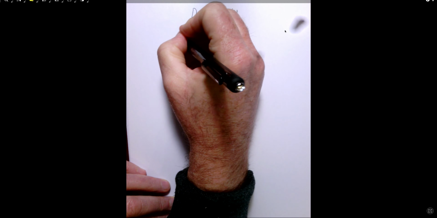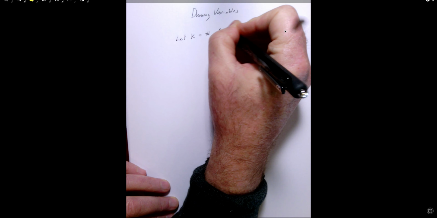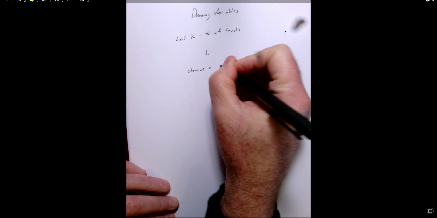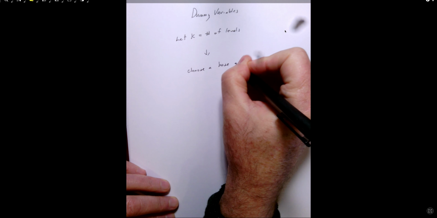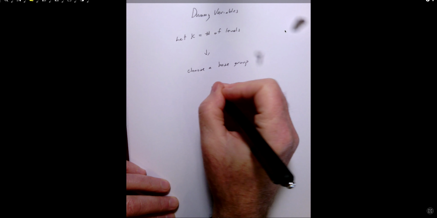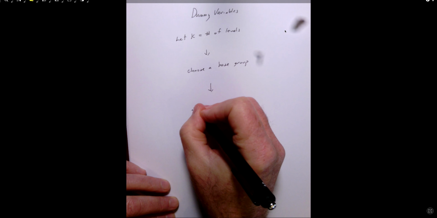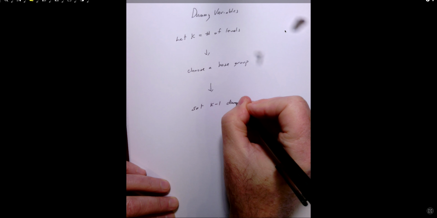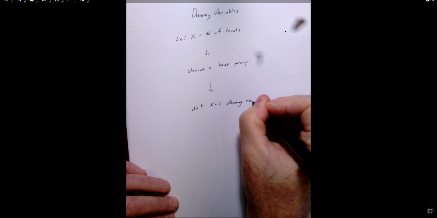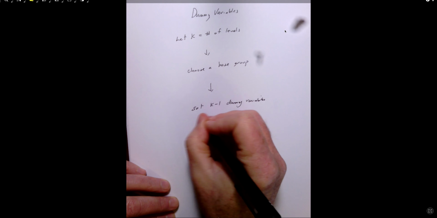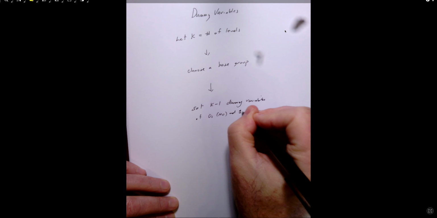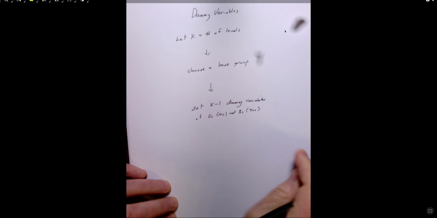So let K equal the number of levels. We're going to choose a base group, and create a matrix of zeros and ones.